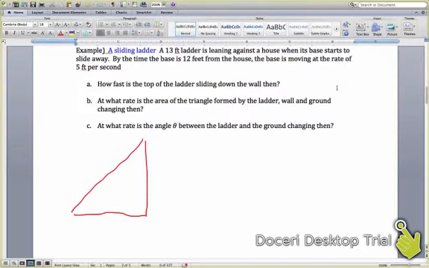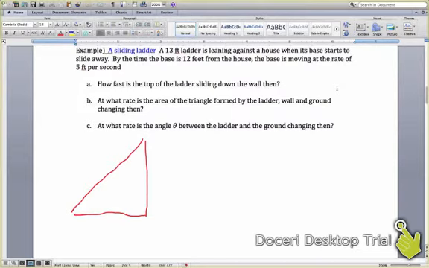This is my picture, and you'll notice that the ladder is leaning against the house. These should be straight lines here, but the picture is just to help me out. So I'll move on from here.